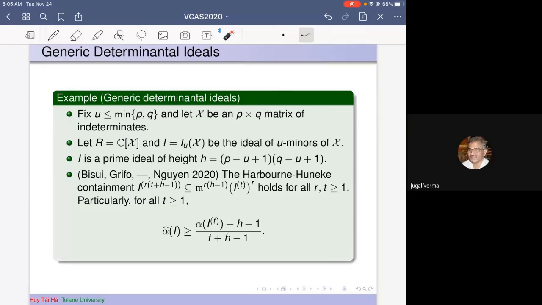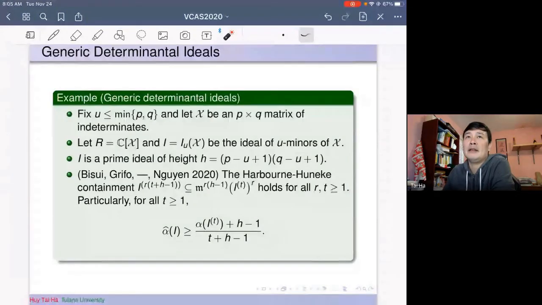Now, of course, if you start with a matrix that is not generic, then we don't know anything. Do we know it for height 2 perfect ideals in a polynomial ring? That's a good question. I don't know. I don't think it's known.